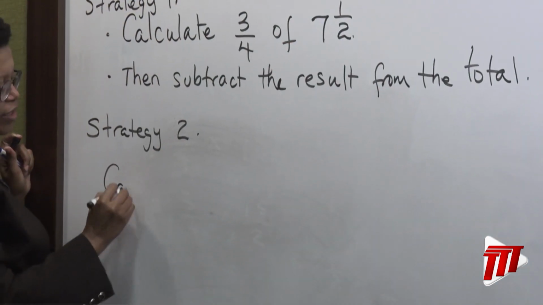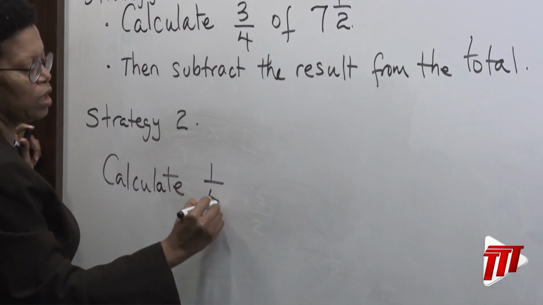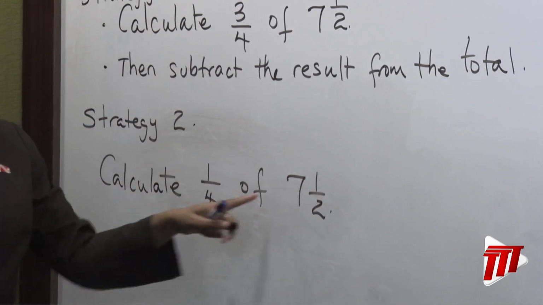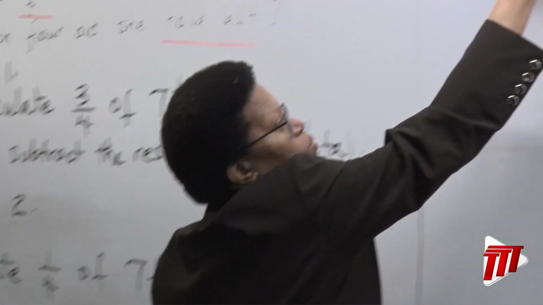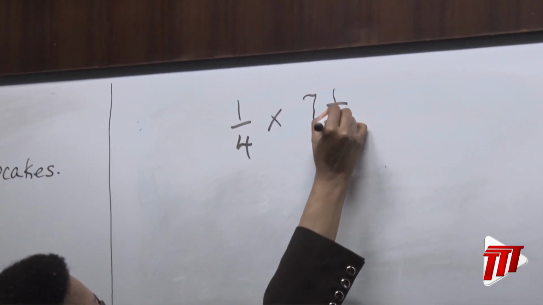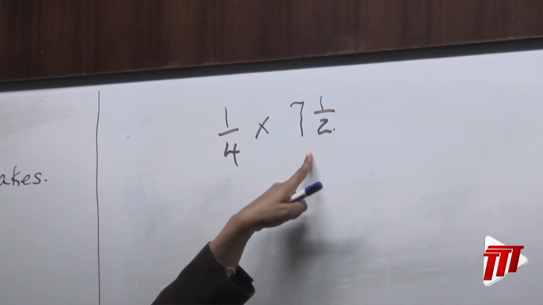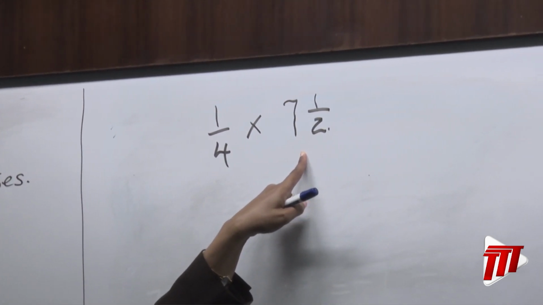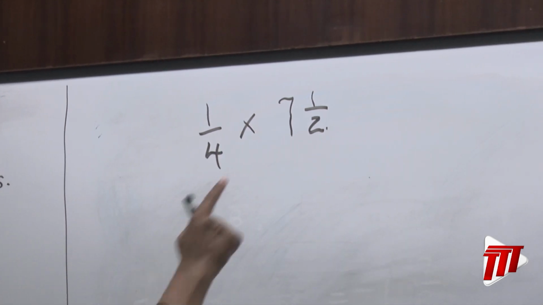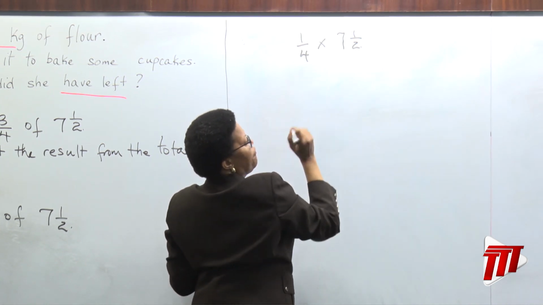Let's calculate 1/4 of 7 1/2. I'm going to use the improper fraction to calculate. 7 1/2 can be written as 7 multiplied by 2 is 14, 14 plus 1 is 15.